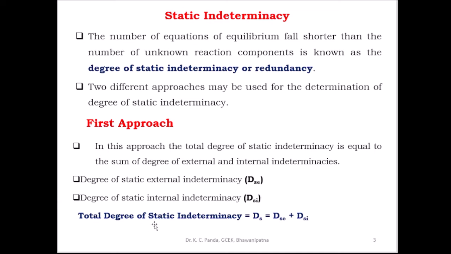Then the total degree of static indeterminacy can be determined by taking the summation of degree of static external indeterminacy and degree of static internal indeterminacy, denoted by DS is equal to DSC plus DSI.